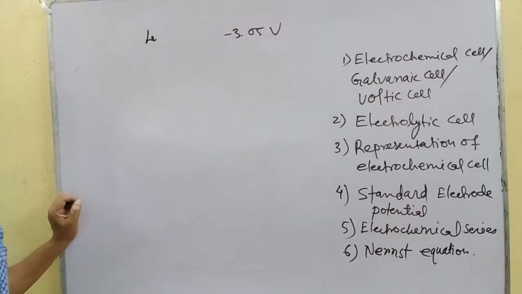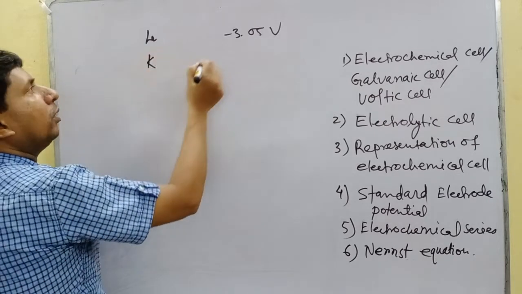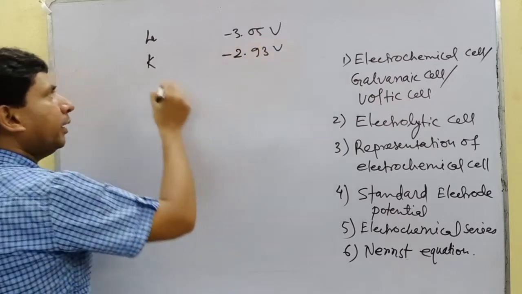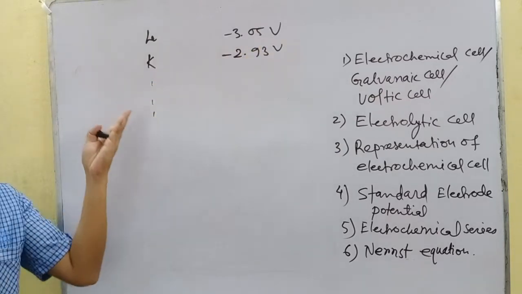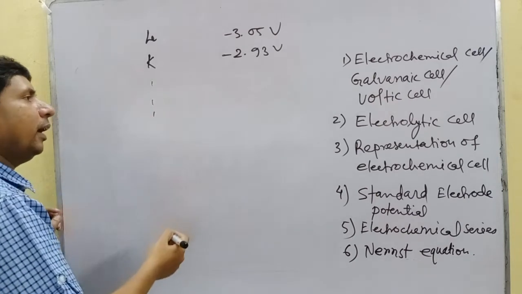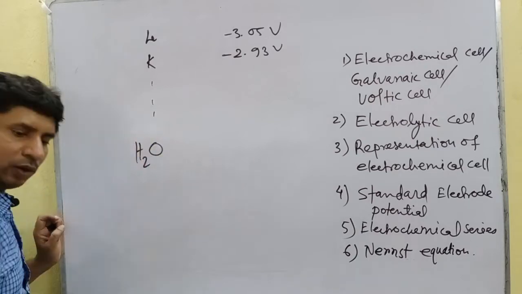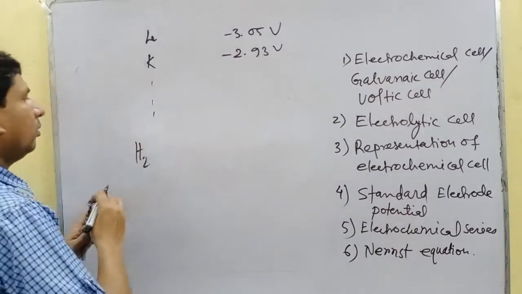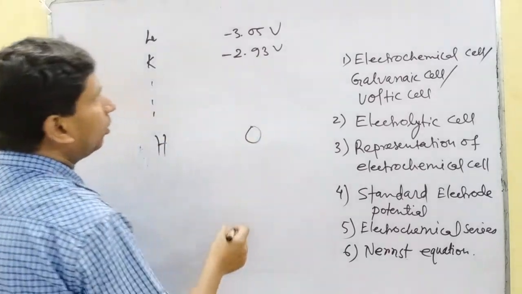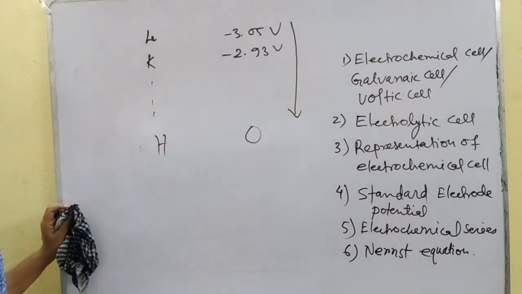Then potassium, minus 2.93 volt. In this way, calcium, magnesium, sodium, zinc, then hydrogen. The reduction potential of hydrogen is 0. So reduction potential increases down the activity series.